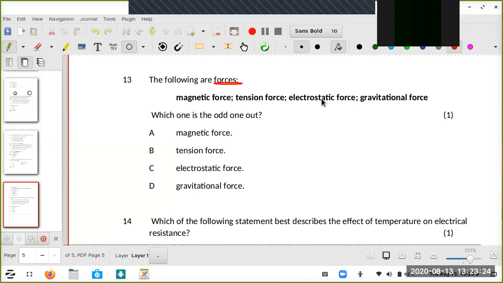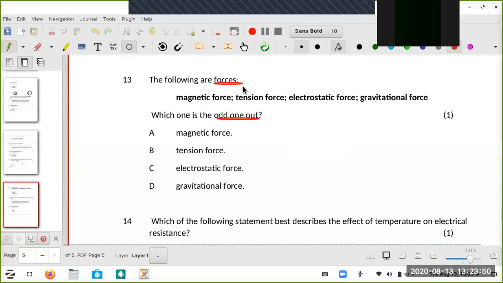Electrostatic, charged particles produce electrostatics. Gravitational force, that's a planet and an object, or planets, right? They produce gravitational force. Then it says which one is the odd one out. Which means which one does not belong to the group of forces that we have here, right?